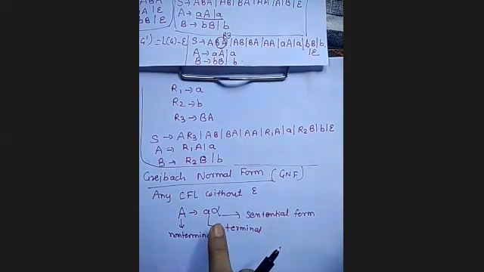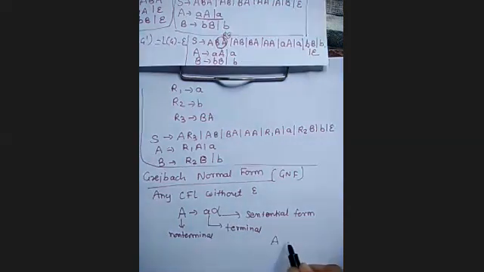That on the right hand side, each production starts with a terminal symbol followed by alpha, where alpha may be an empty string. So your production may be only A derives a. That is also allowed.